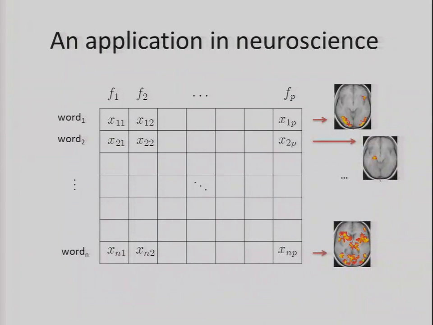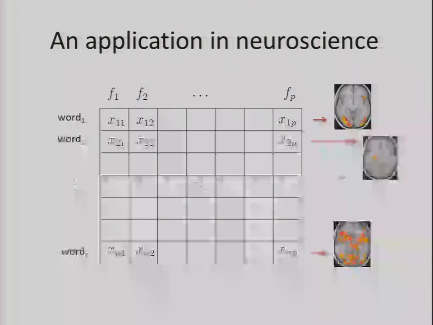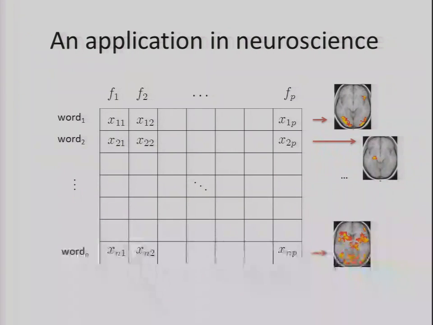The second application comes from cognitive neuroscience, and here we have the following experiment: we present a person a word, and we measure fMRI activation levels. And then we would like to learn a semantic basis. That is, for each word, we encode the semantic meaning of that word by measuring the co-occurrence of this word with each word in a large corpus.